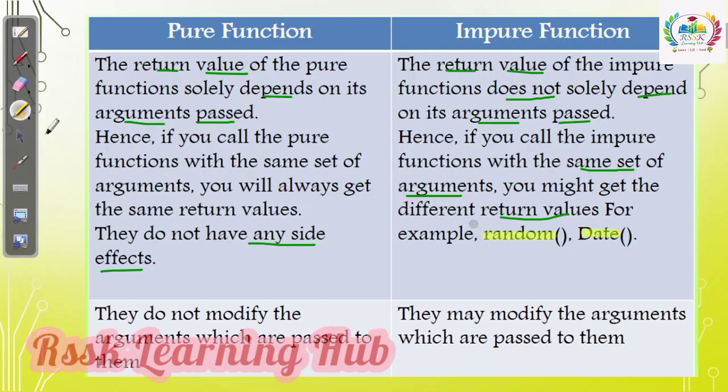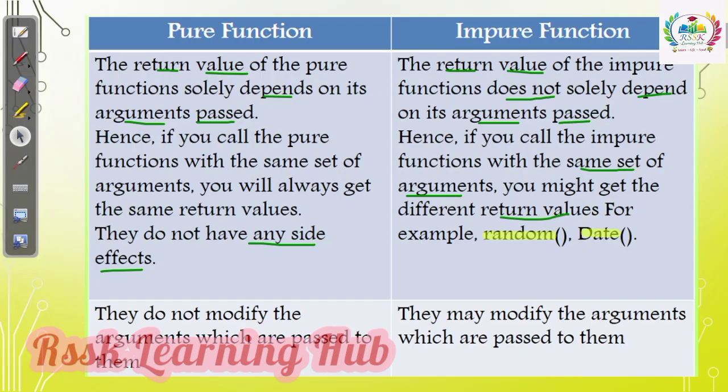Random function and date function are the best examples of impure function. How? For example, consider this date function. What will happen up to this date? If some baby is born in 2002, now comparing the age from 2 to 12, that baby will be a 10 year old baby, right?